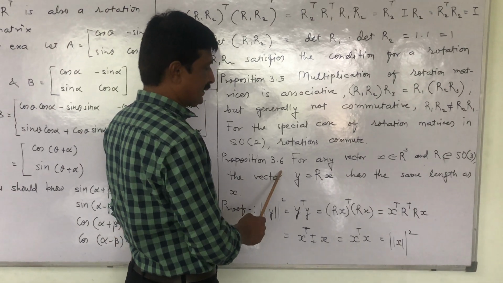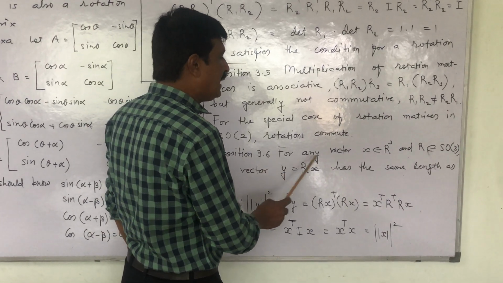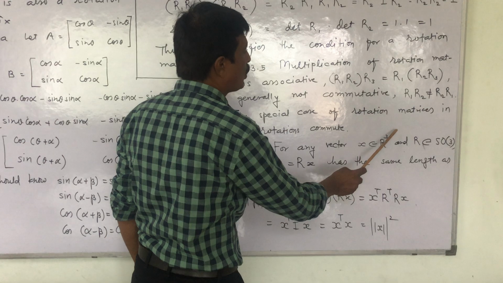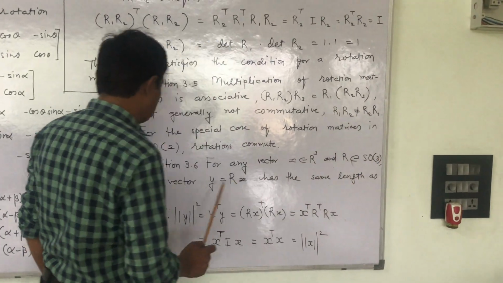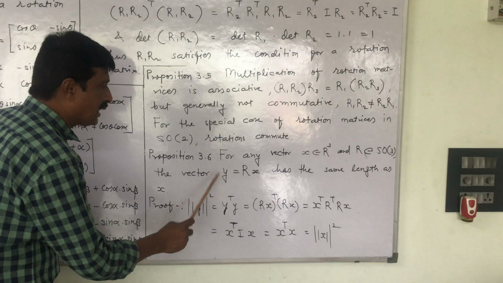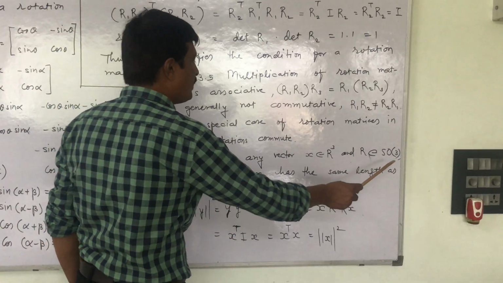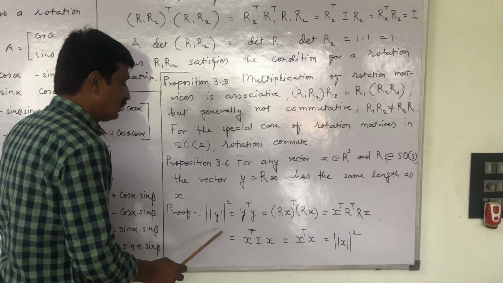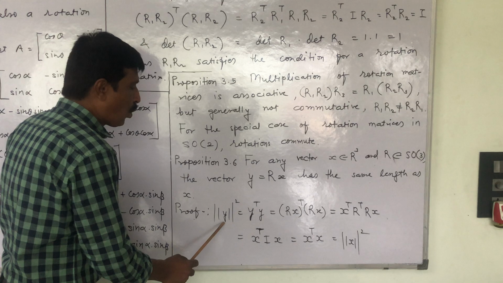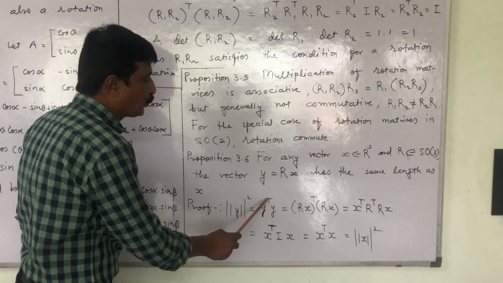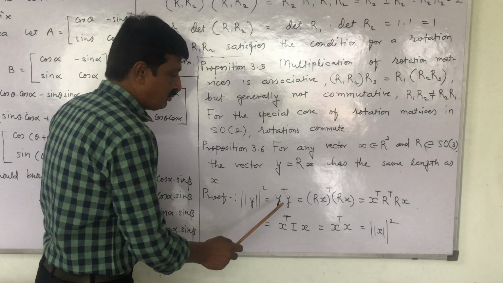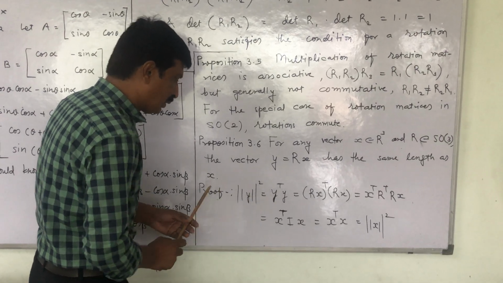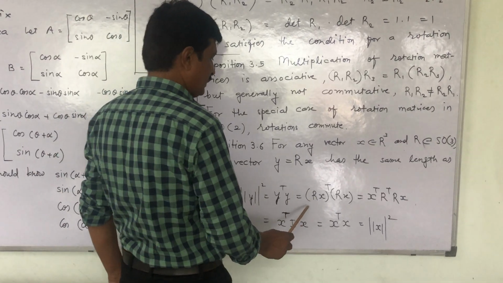Proposition 3.6: for any vector X belonging to R^n and rotation matrix R belonging to SO(3), the vector Y equal to RX has the same length as X. The proof: mod Y whole square, that is transpose of Y into Y, one is a row matrix, the other is a column matrix.